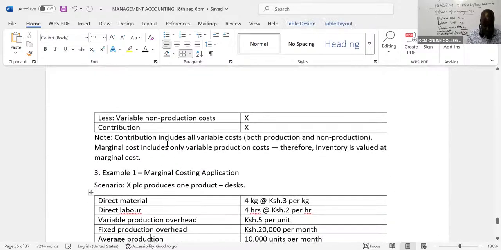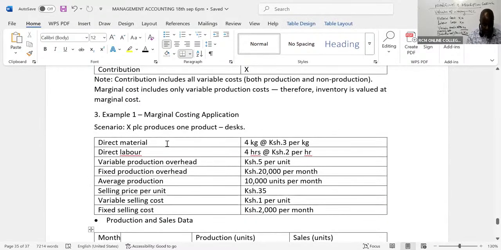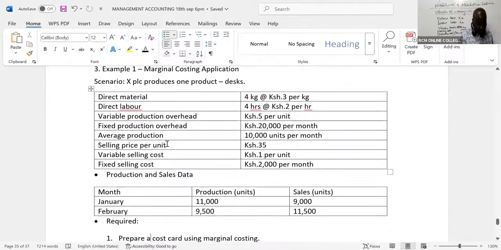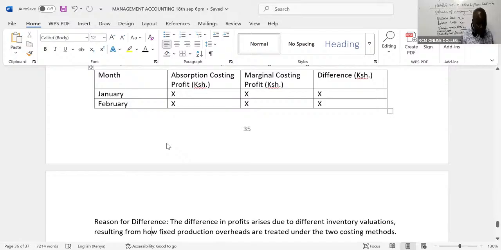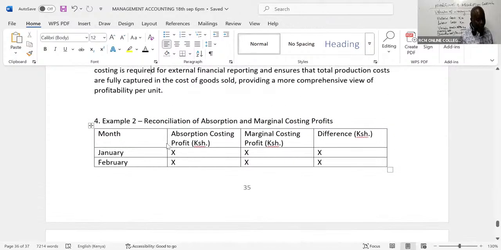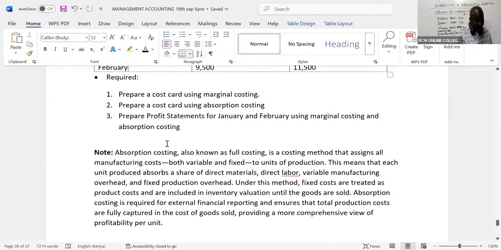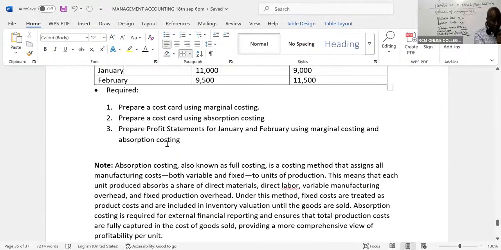If you scroll that handout, you'll be able to see where they have given us example 1, marginal costing application. This is on page number 35, the one written on the book itself.